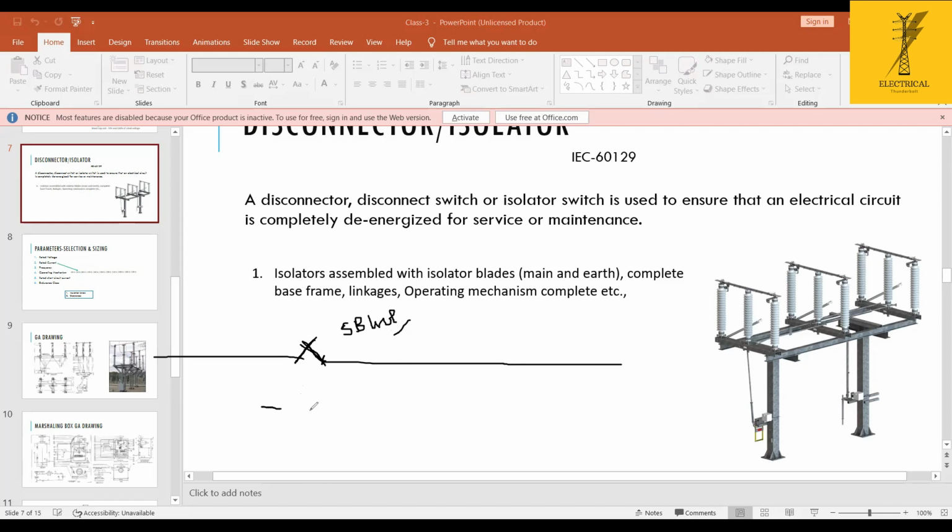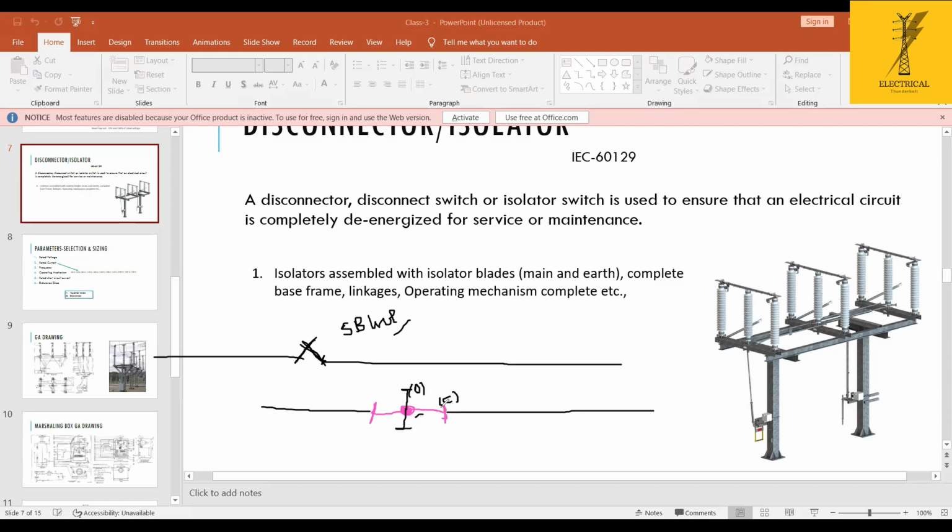And the next one is, if I am placing the switch like this, this is the switch, and this is the support for it. It has 2 blades like this. This is the closing position, and the opening position will be in this way. The black one is open, this is closed.